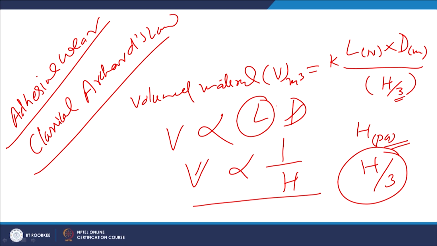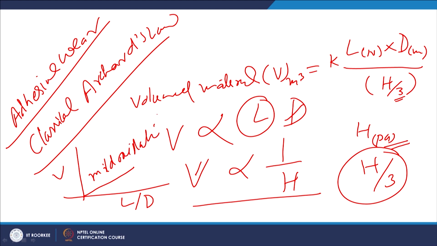So, normally what is observed according to this one, for the different materials, although the trend may vary significantly. So, in general an increase in load increases the wear volume, same is true for the increase of distance, it increases the wear volume, but this happens especially under the mild oxidative wear condition.